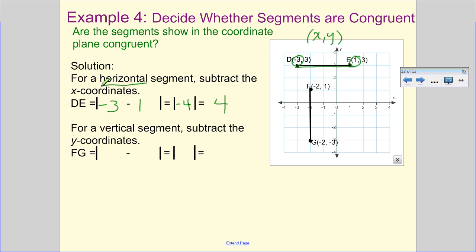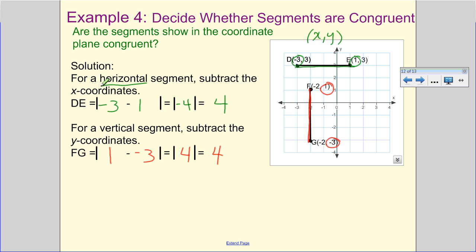For my vertical segment, vertical is going up and down, I'm going to subtract the y coordinates. So that's going to be 1 minus a negative 3. 1 minus a negative 3 is 4, and the absolute value of 4 is 4. The reason that we use the absolute value there is now we can subtract in any order.